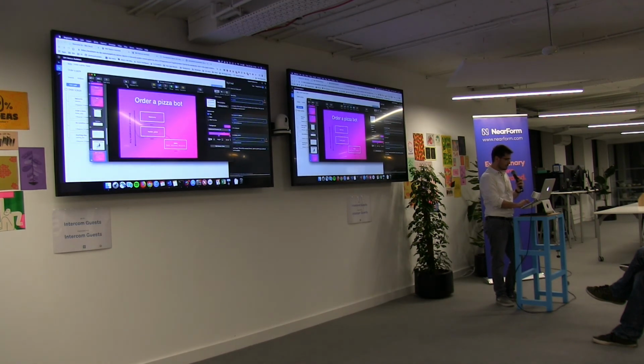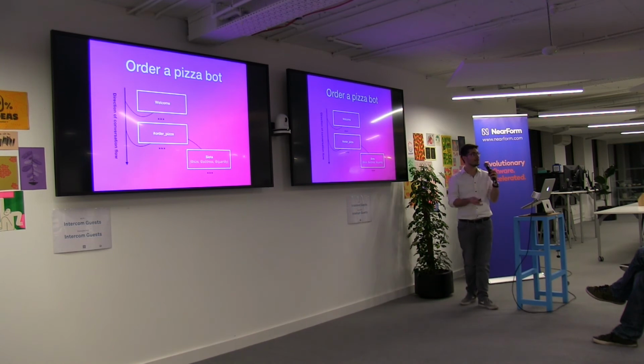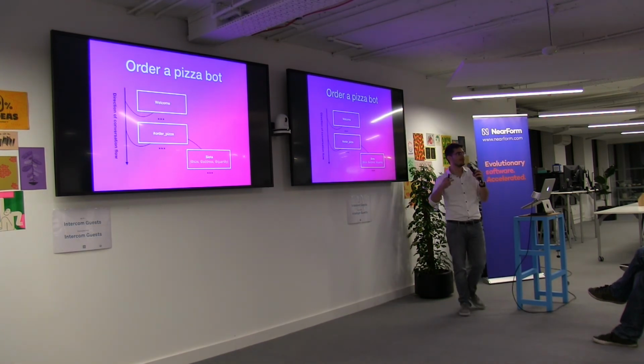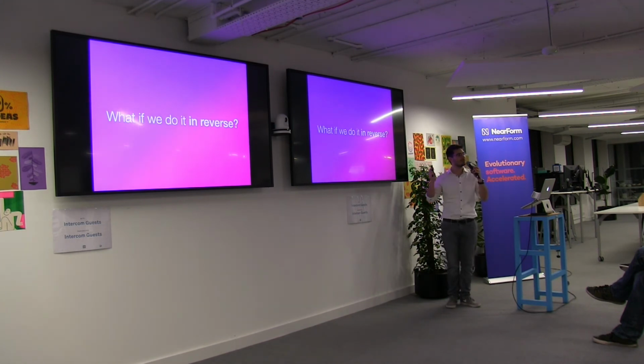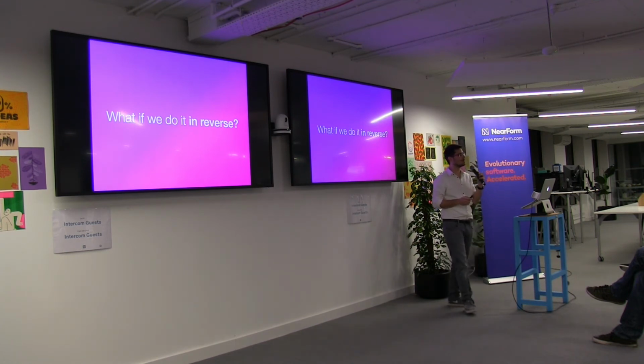So that's easy, and then you can create a chatbot that does one thing in one node. It's very simple. The cool thing is, what happens if you do it in reverse? If you watched Google I/O last year, they did something cool where you could ask the Google Assistant to go somewhere and book your haircut reservation.